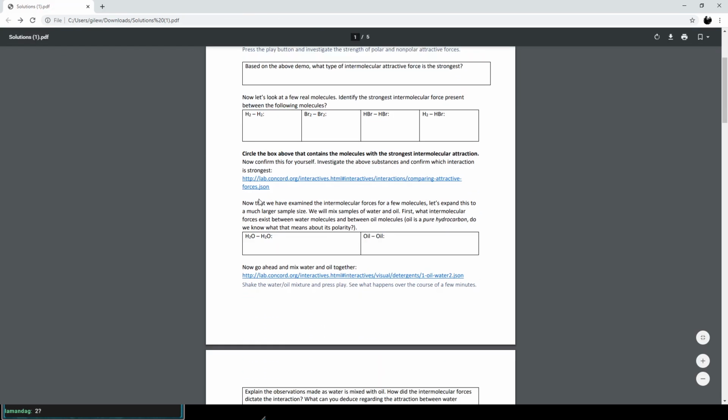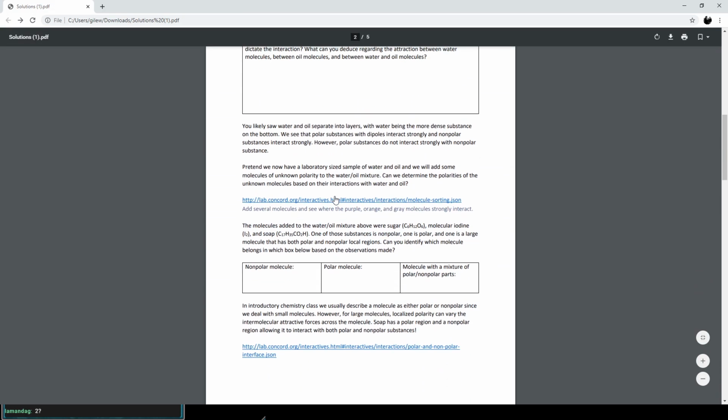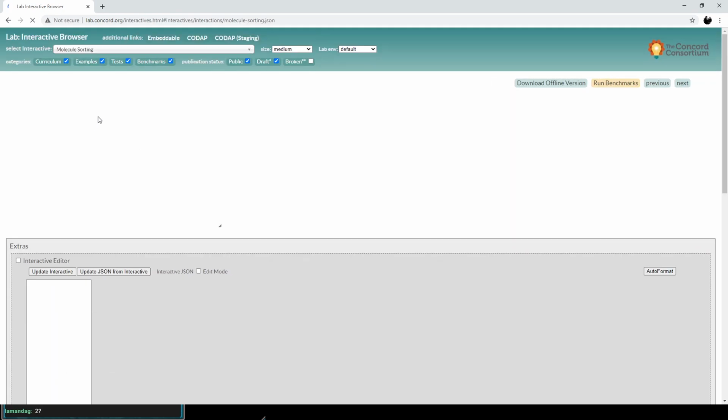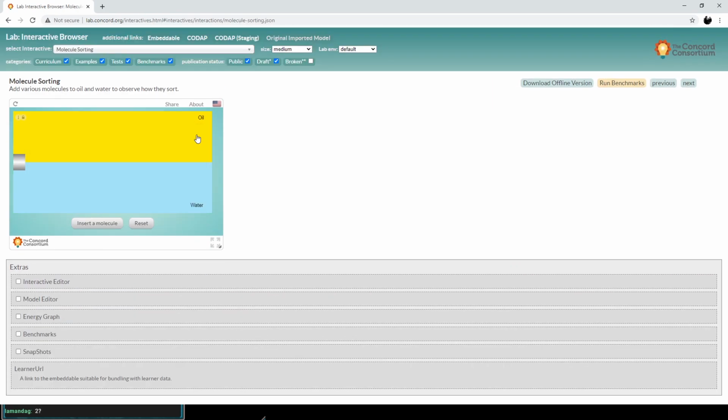If we look at another one, maybe the one with molecule sorting, we can go ahead and click a whole bunch of molecules in here. And we're trying to figure out which one is going to be non-polar, which one is going to be polar, just how things are working in solution.